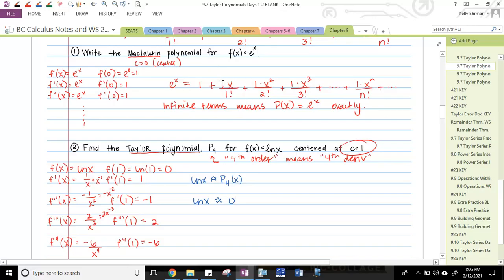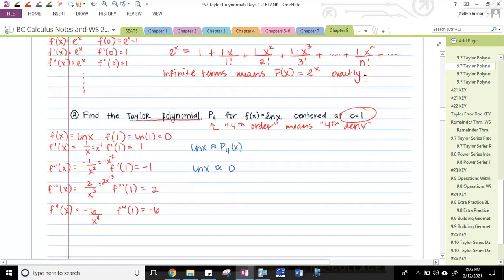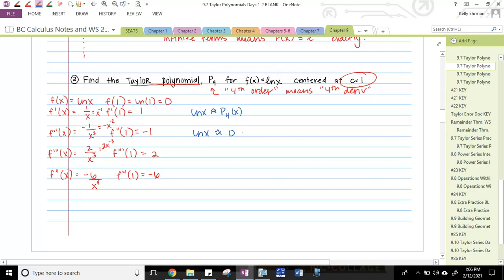Like I don't normally write the 1 times the previous problem. Anyway, it's 0 plus, now the next coefficient is 1. It's not just times x, it's times x minus c. So x minus 1 to the first power, technically over 1 factorial. The next term has a coefficient of minus 1, so I'm going to write minus 1. Then it should be x minus 1 squared over 2 factorial.